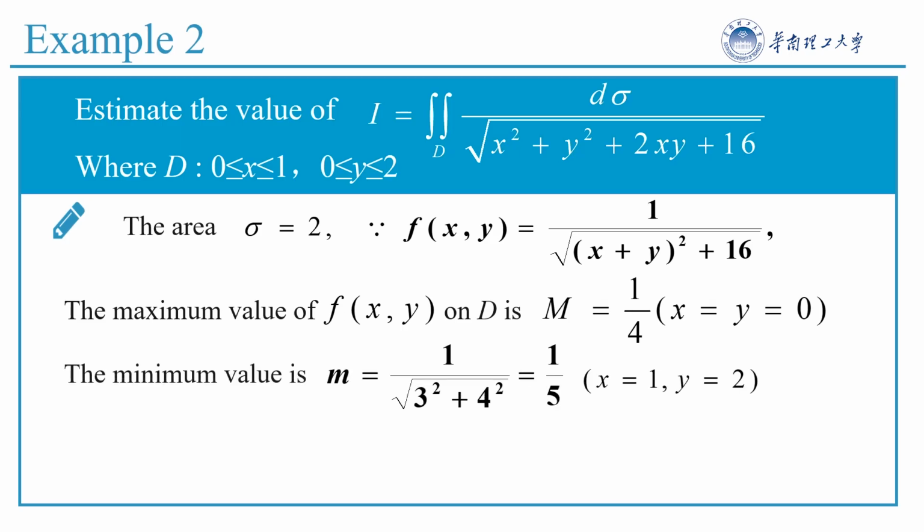The minimum value on D, small m, is equal to a fifth when x is equal to 1 and y is equal to 2. So the double integral is from 2/5 to 2/4.